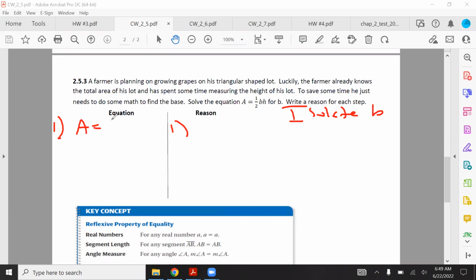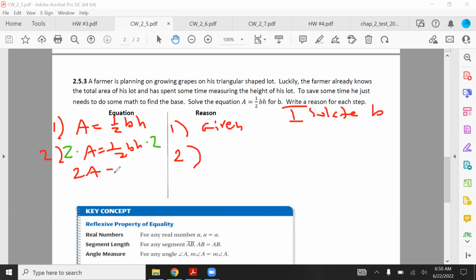So we'll state the original equation. That's given. Then we're going to multiply both sides by 2. So I'm going to rewrite the equation here, which just becomes this now. That's the multiplication property of equality. So I multiply both sides by the same thing.